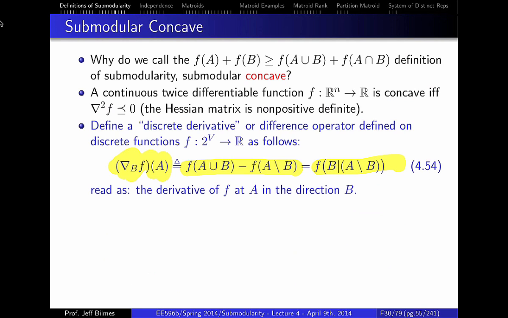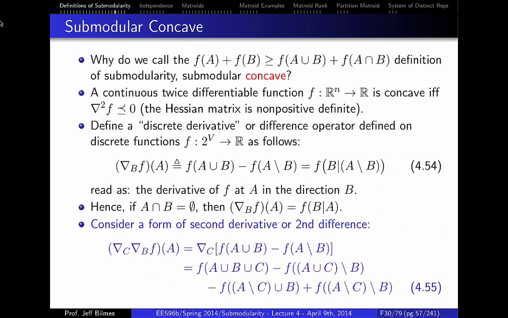So this is a discrete derivative, a derivative at a in the direction b, right? By the way, if there's no intersection, then we have a slightly simpler definition, and it's just f of b given a.